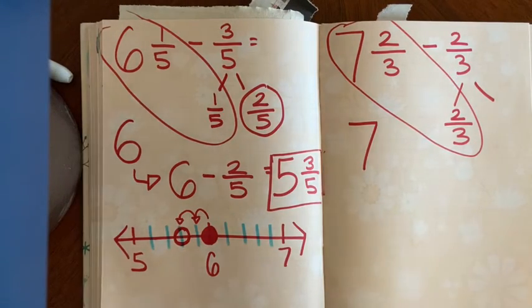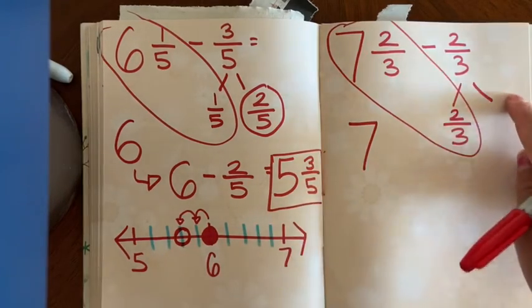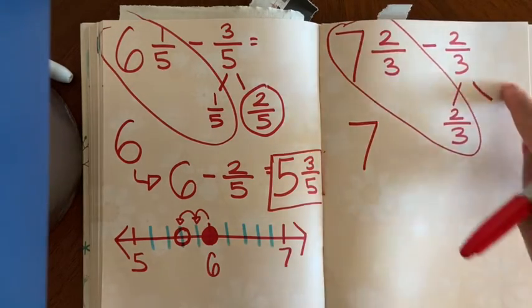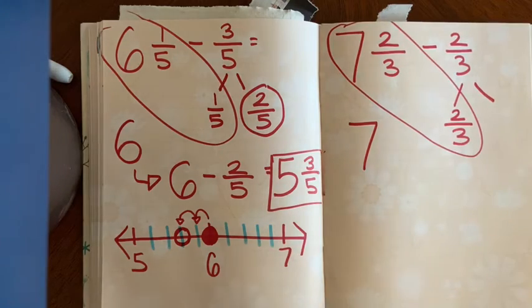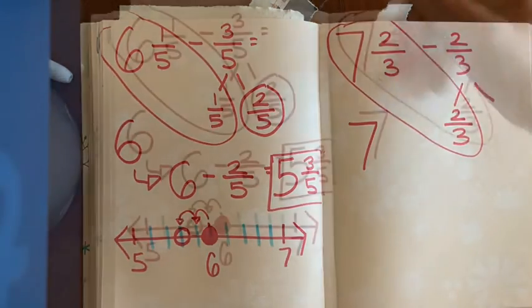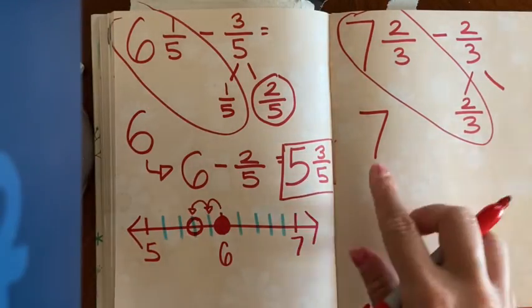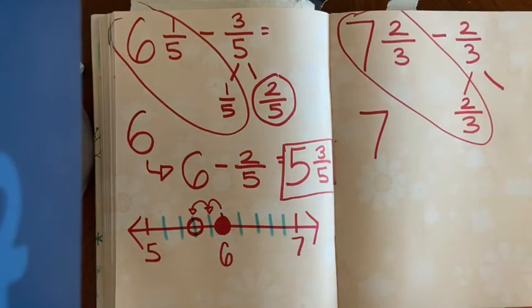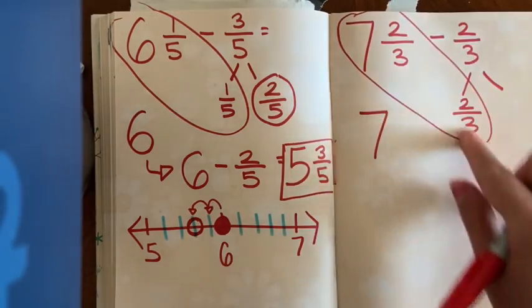So now that we have the whole number, we're able to see what we have left over. Oh, do you recognize something? You might recognize that when we borrow 2/3 from 2/3, I'm given the whole number of 7. So now that we have that whole number of 7, we're able to see what we need to subtract based off of what we have left over in this right fraction.